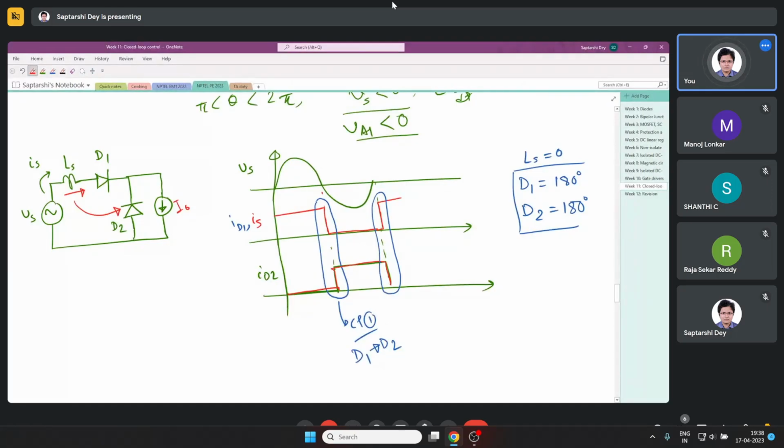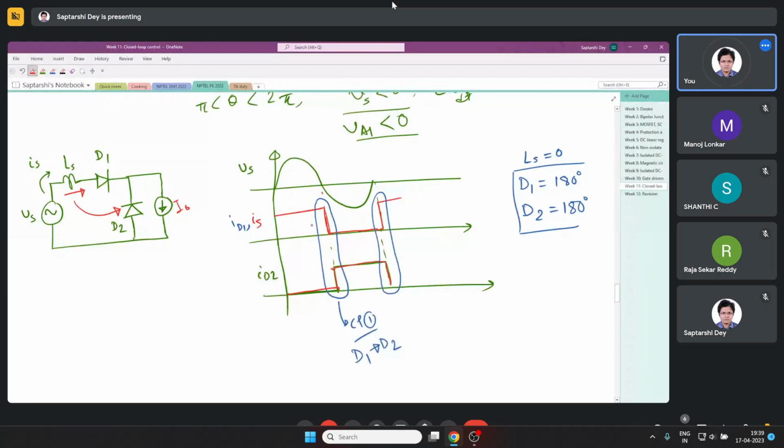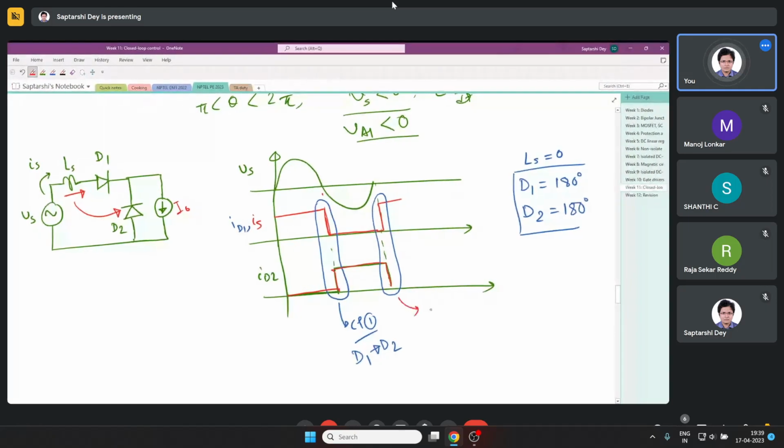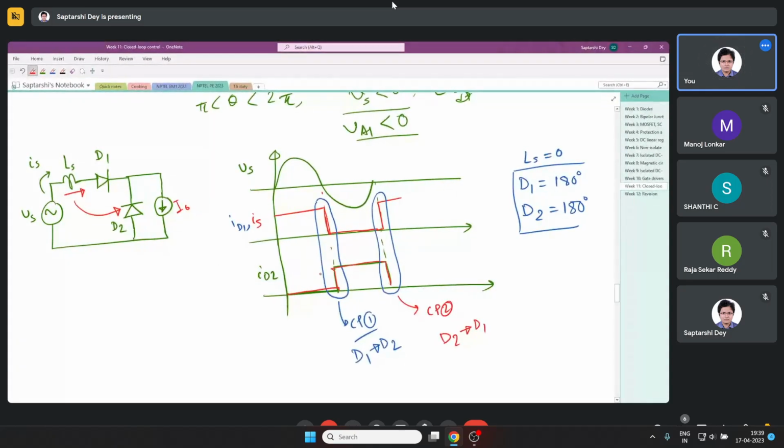Now we have an inductor in the path, so this sharp drop in current is no longer possible. Current cannot suddenly shift to D2. Similarly, in commutation period 2, when the current is shifting from D2 to D1, again current cannot suddenly go from D2 to D1.